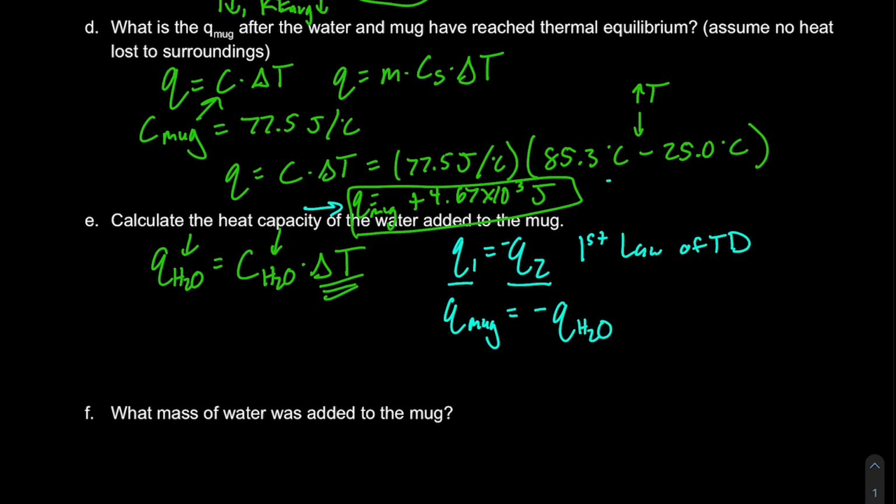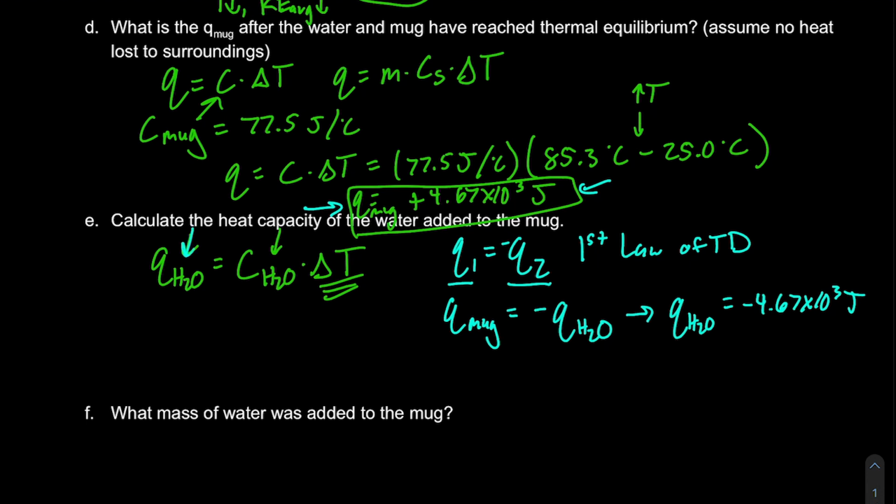And so if we know the Q of our mug is 4.67 times 10 to the positive third, that would tell us the Q of our water is the opposite of that, negative 4.67 times 10 to the third joules. So that's the amount of energy that the mug took or was transferred from the water. That's the heat of our water.